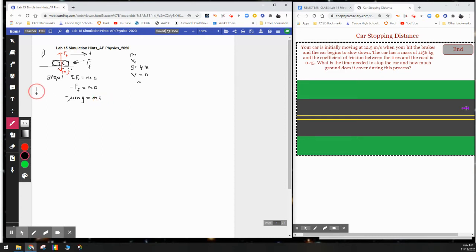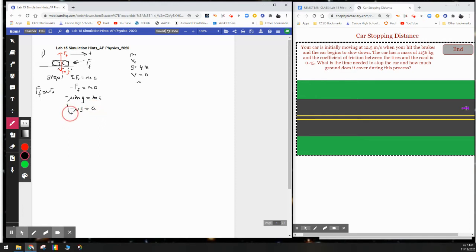Remember, the force of friction is equal to mu times the normal force, so the normal force does make an appearance. From here we see the masses cancel out, so the acceleration is just going to be negative mu times g.